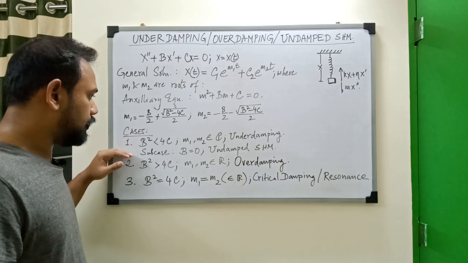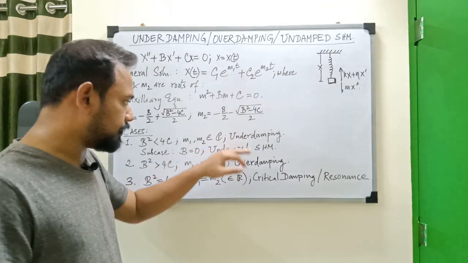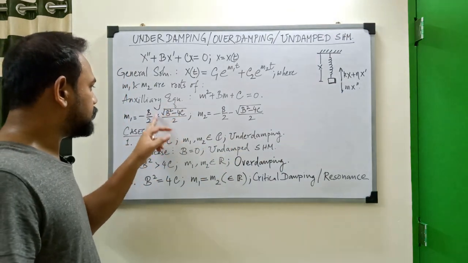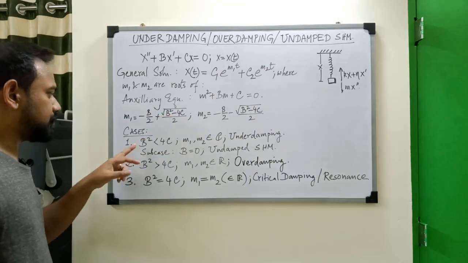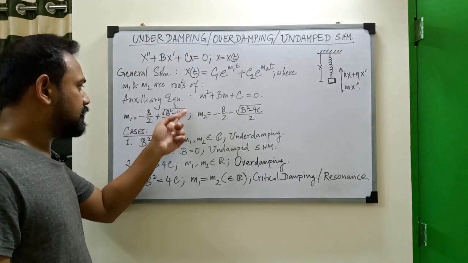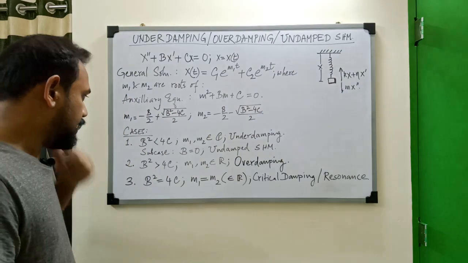The two cases that we will discuss in this video are the cases of underdamping and overdamping. The underdamping happens when this discriminant term, b square minus 4c, is negative. In other words, the square root is of a negative number, an imaginary number.